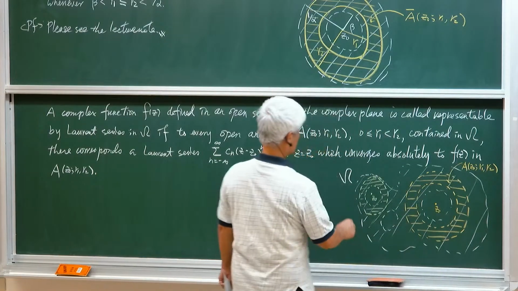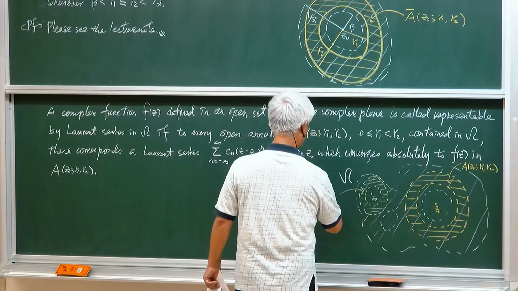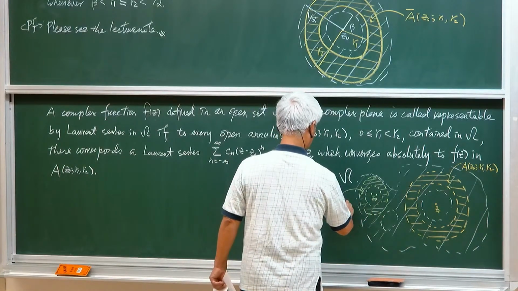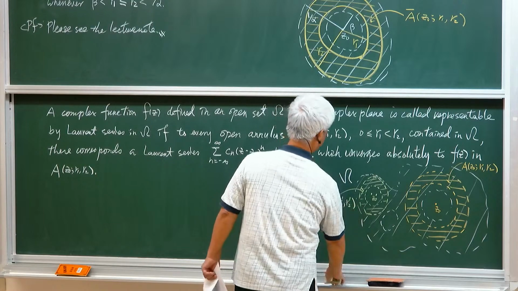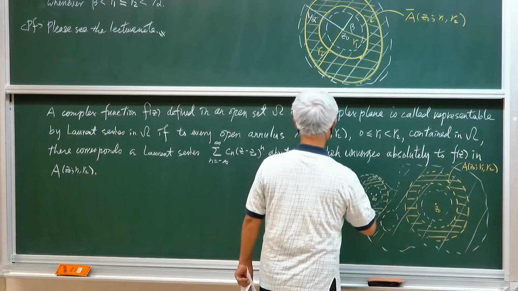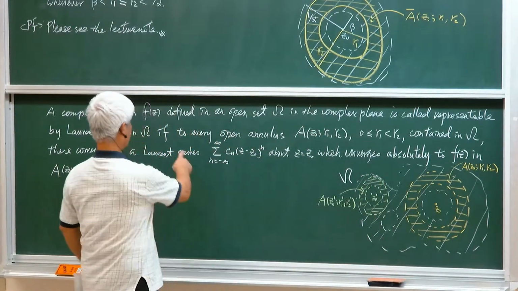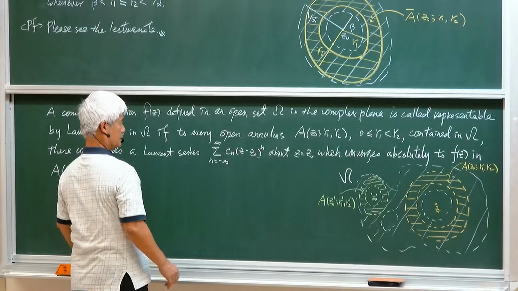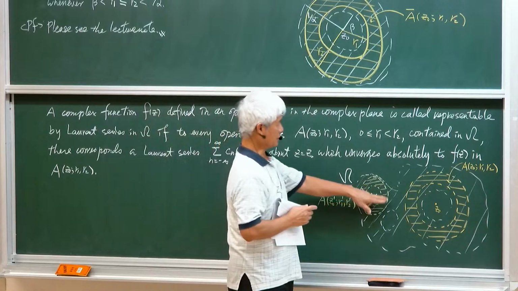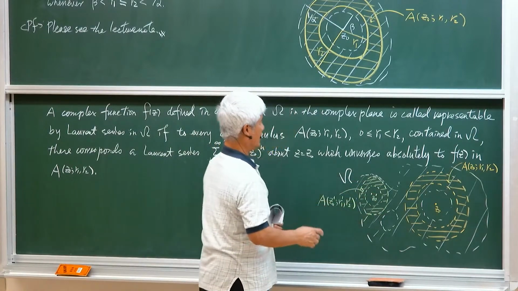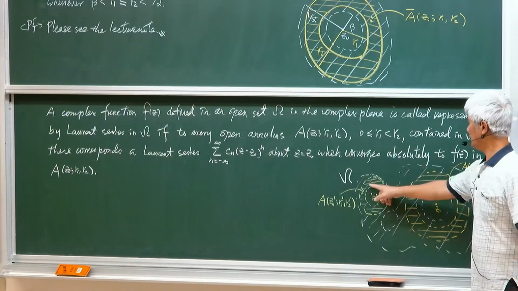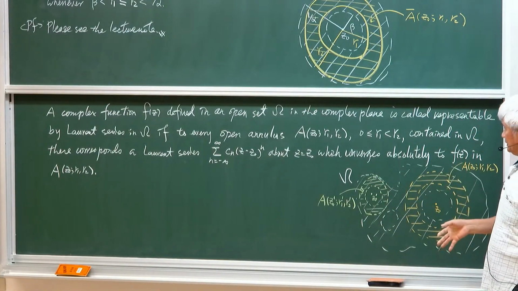Right. So this is another open annulus, which is contained in omega. And for this open annulus, again, you can find a Laurent series such that it will converge to the complex function f of z in this green open annulus. And of course the two Laurent series corresponding to these two different open annuli may be different. Okay.